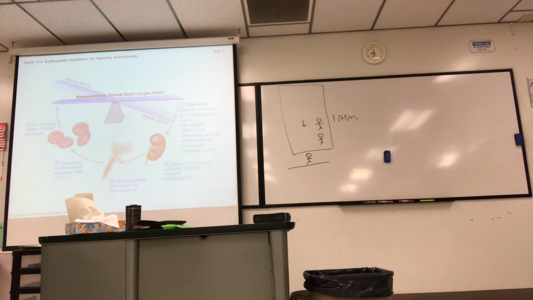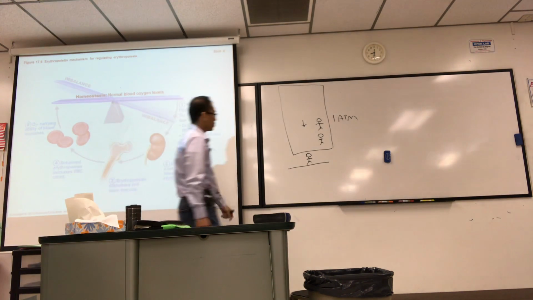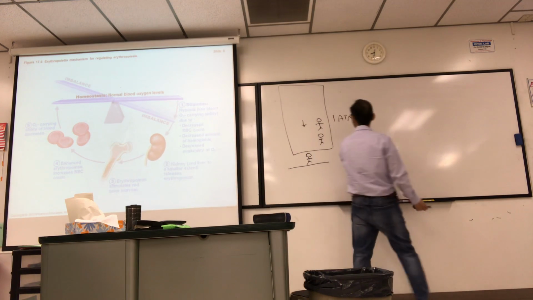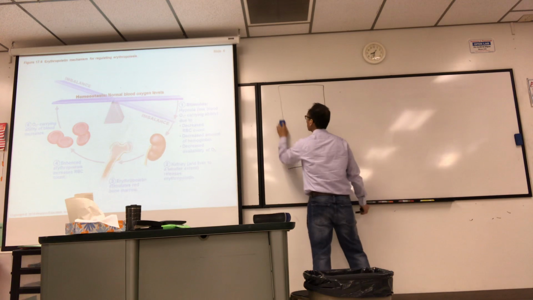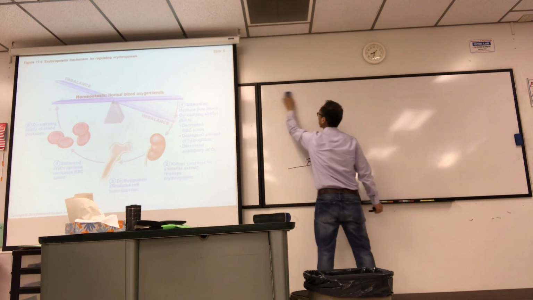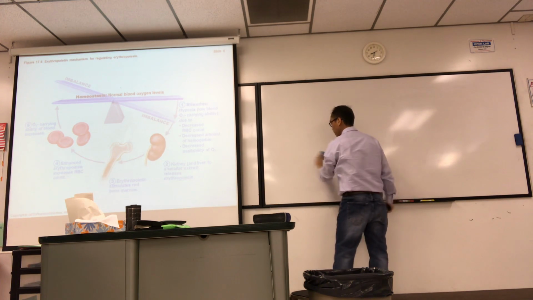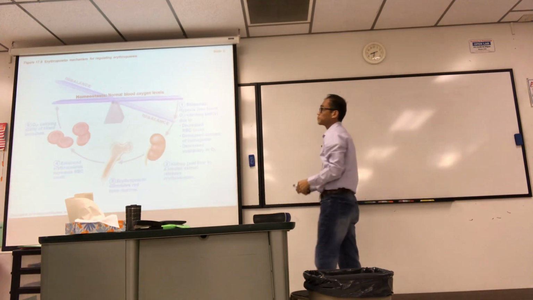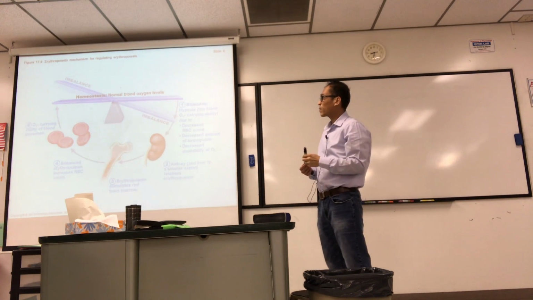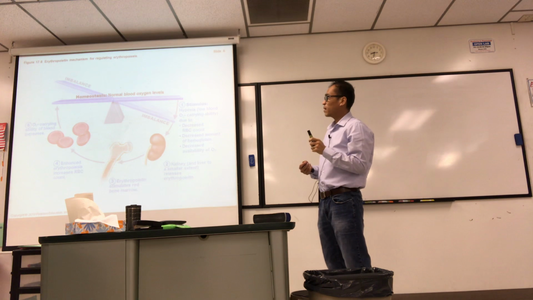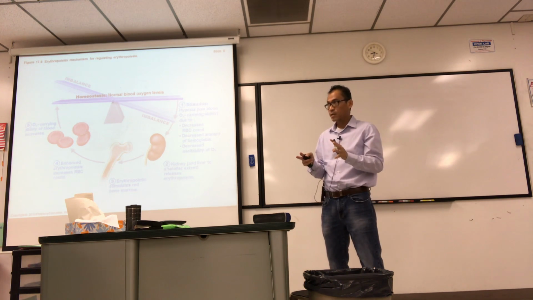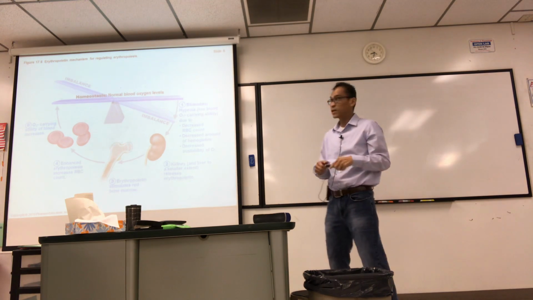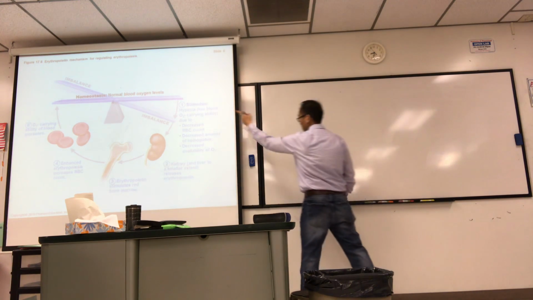All right, so let's talk about the normal oxygenation of blood with EPO. Normally, if you go to altitude or any condition where you subject the body to hypoxia, that's the stimulus here.